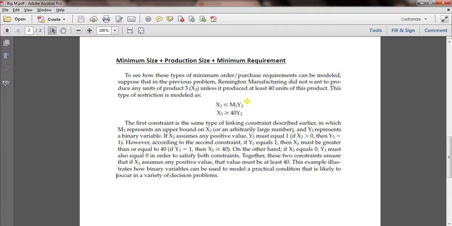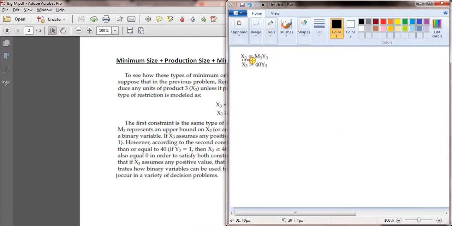In the earlier example, x was supposed to be x less than or equal to my. This was our big M fundamental.